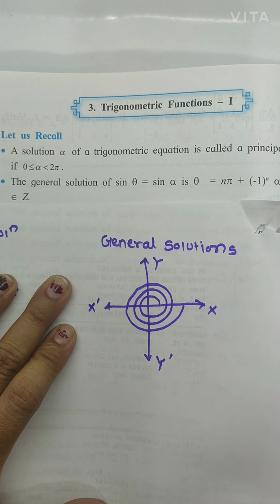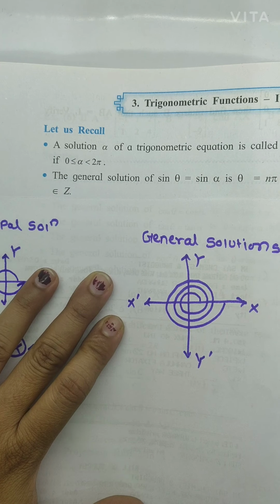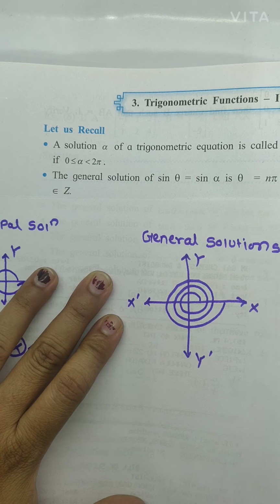What is meant by general solution? Here one general solution is given in the form: sin theta equals sin alpha, then theta equals n pi plus minus 1 raised to n into alpha, where n belongs to z. This small n is an element which belongs to the integers.